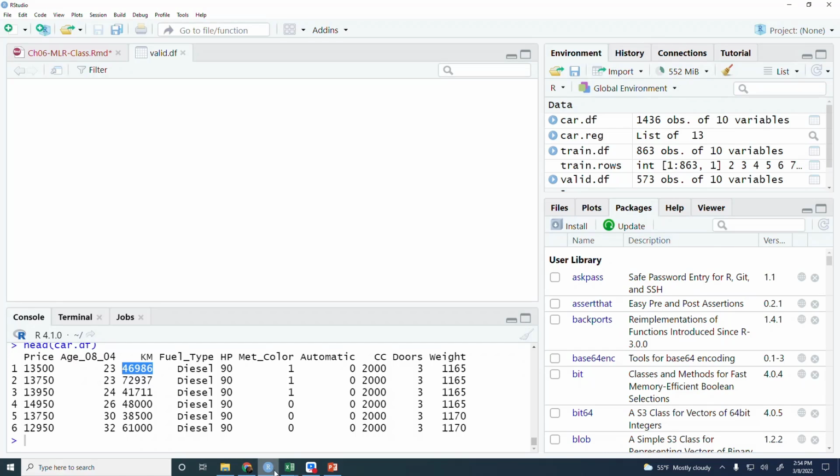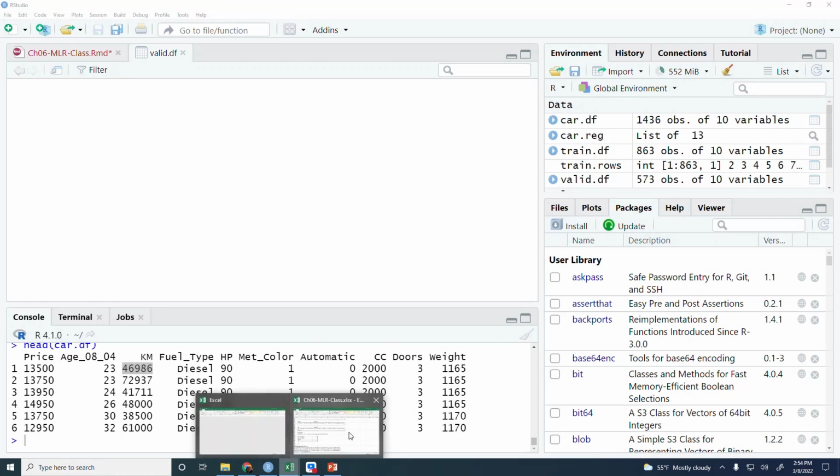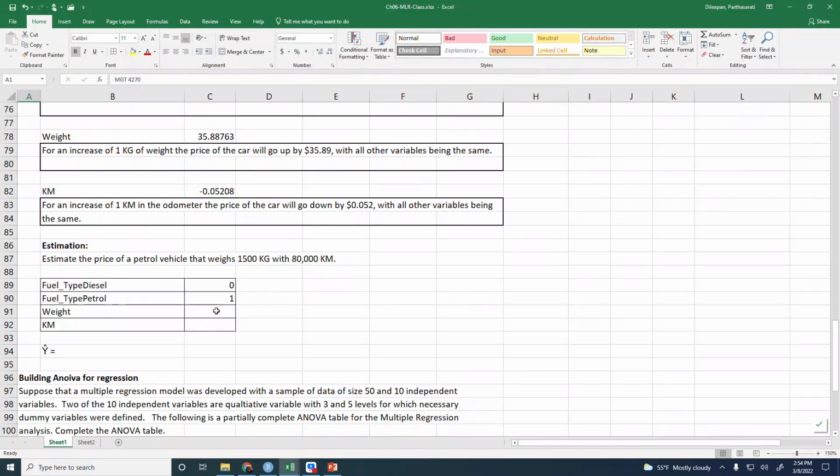They are not coded in different units. So weight is 1,500. If it is coded as in thousands, then you have to put 1.5 here. Okay, so you have to be careful about that. And 80,000.